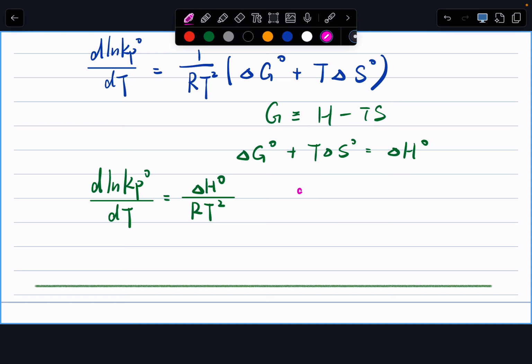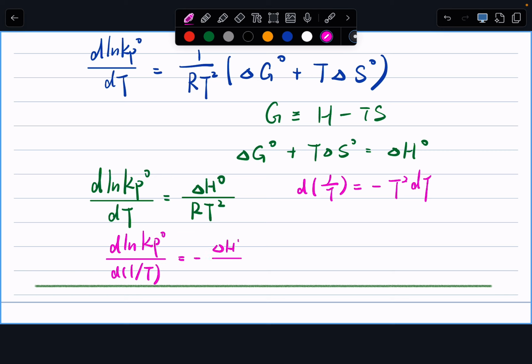What we're trying to say is d(1 over T) equals negative 1 over T squared dT, and I'll check my calculus later on if I'm wrong. So we can simplify this term into d ln Kp naught over d(1 over T), and that equals negative delta H naught over R, because the T squared and T squared cancel out. And that's our Van 't Hoff equation.